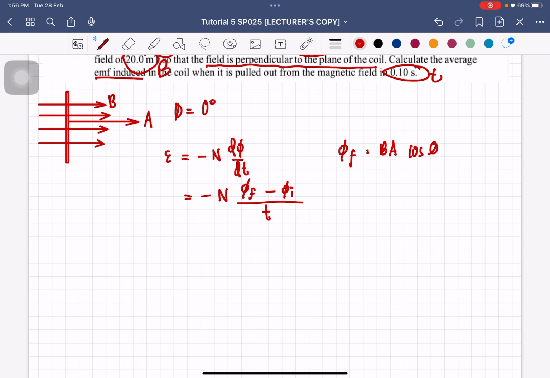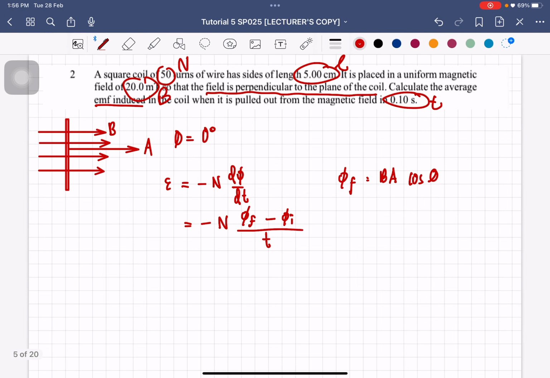Let's see what is changing. The final magnetic flux will be equal to 0. Why equal to 0?